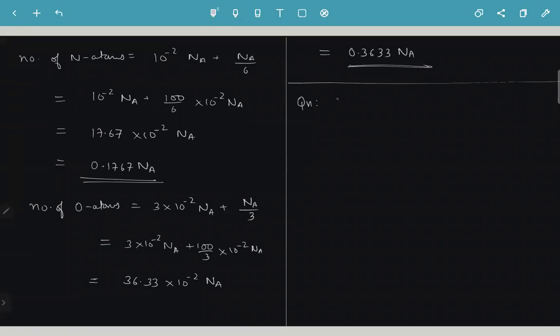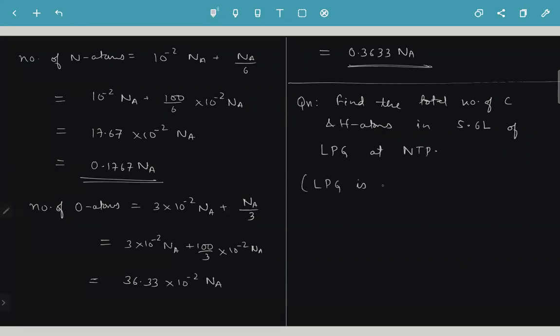Now let us do some more questions. Find the total number of carbon and hydrogen atoms in 5.6 liters of LPG at NTP.